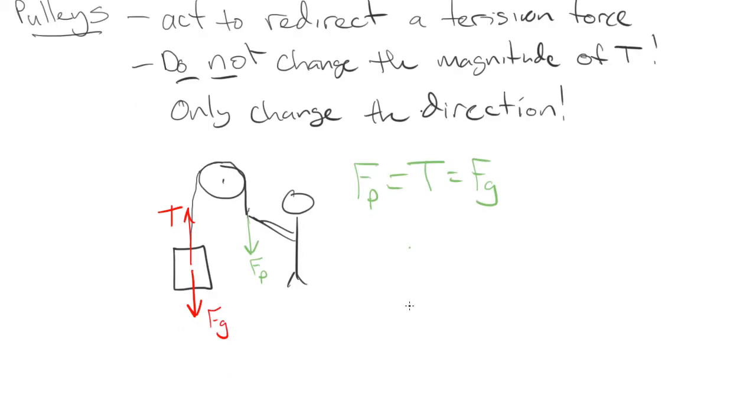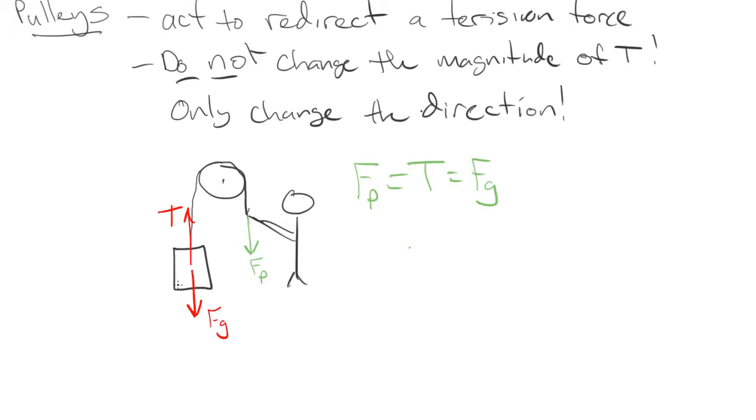So let's draw the picture and try to make some sense out of this. Remember, now we're starting to get into the land of multiple objects. Mostly up until this point, we've only been looking at a single object per problem. Things get a little bit more complicated when you start to have multiple objects. So there's a person, the person is applying the force over here.